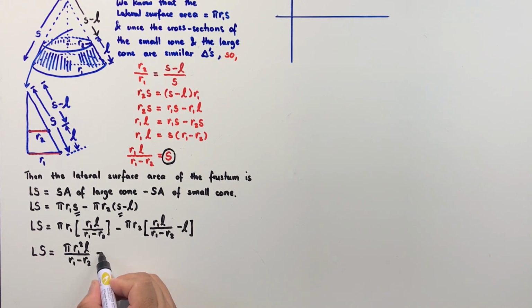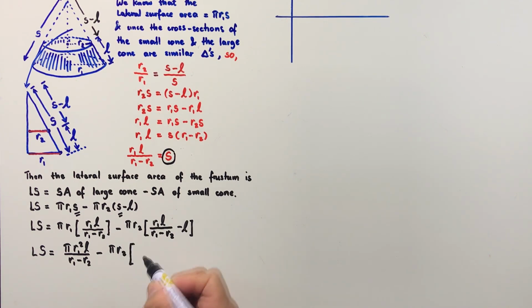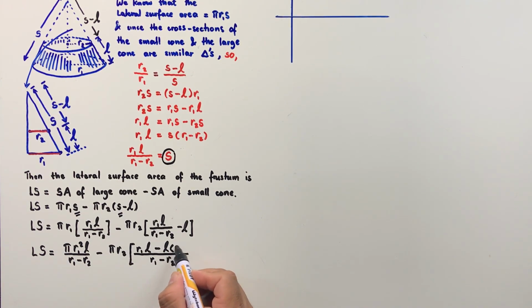And this will be subtracted by this pi r sub 2, and then we combine these two terms here with the common denominator of r sub 1 minus r sub 2. So this is r sub 1 L minus L times r sub 1 minus r sub 2 there.